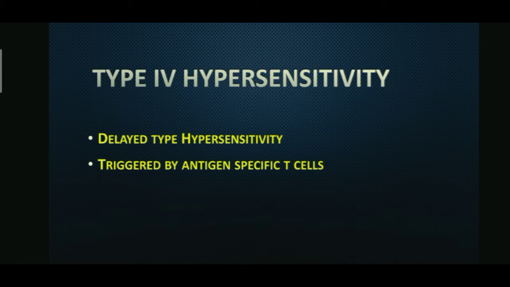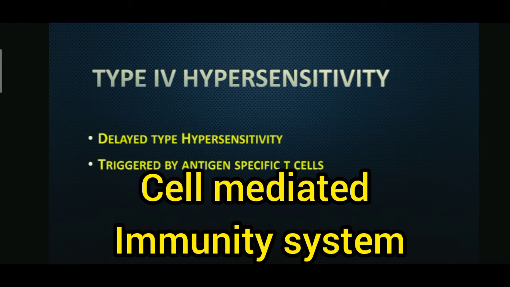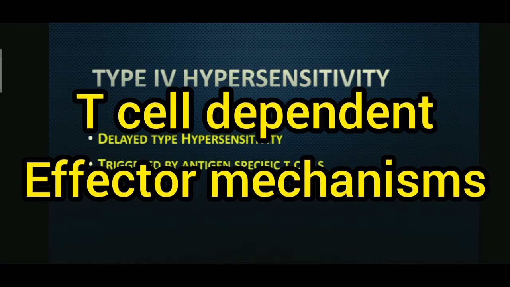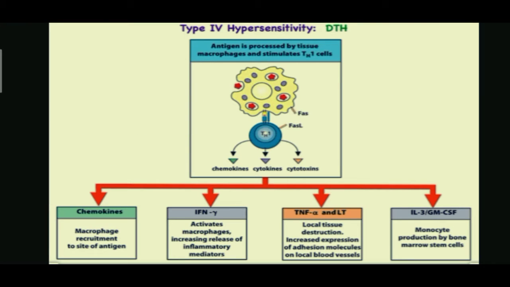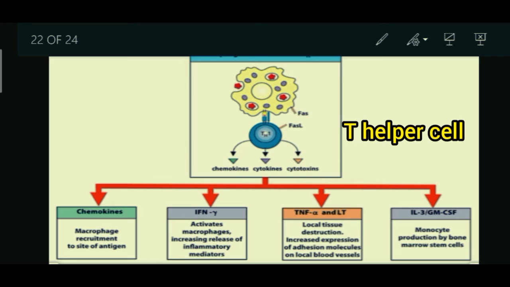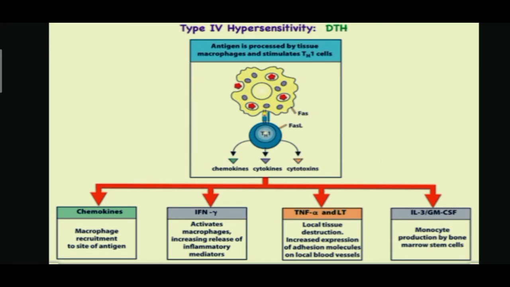Thus, it is also called a cell-mediated immune reaction. It is mediated by a T cell dependent effector mechanism involving Th cells, or T helper cells, primarily of the Th1 subtype, but in a few cases T cytotoxic cells, or TC cells.